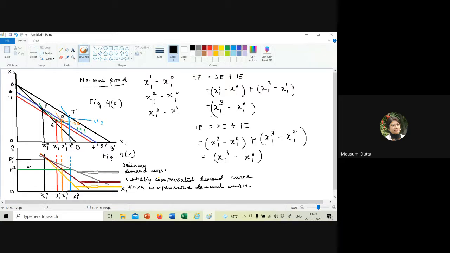And again, the Slutsky compensated demand curve lies in between the ordinary and Hicks demand curves.